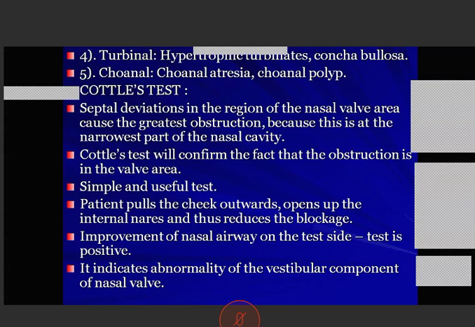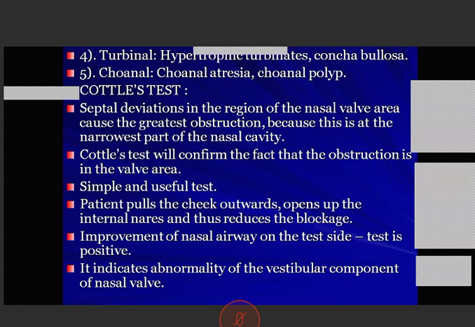Then the patient will be relieved of the obstruction or blockage. He will feel better to breathe. The blockage decreases. That means the obstruction is at the nasal valve area. The cheek is retracted upwards and laterally, which opens up the internal nares and thus reduces the blockage.